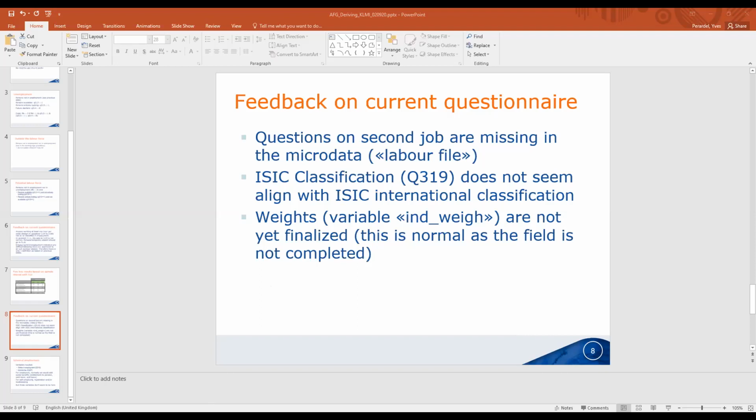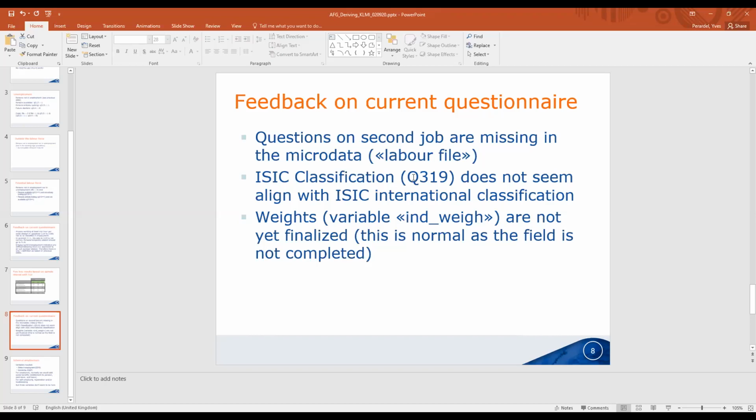I don't know if you have a national classification of ISIC, but normally everything related to agriculture at the 3-digit level would have numbers below 100. So unless you have a national classification or it's classified differently, based on this we would not have anyone in agriculture here, which would be surprising. I don't know on which classification 319 was prepared, but it didn't seem to be aligned with the international classification, at least at this stage.